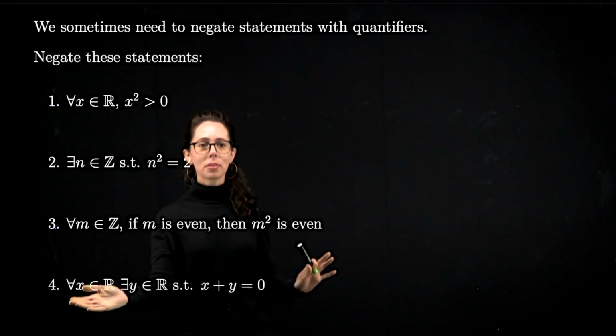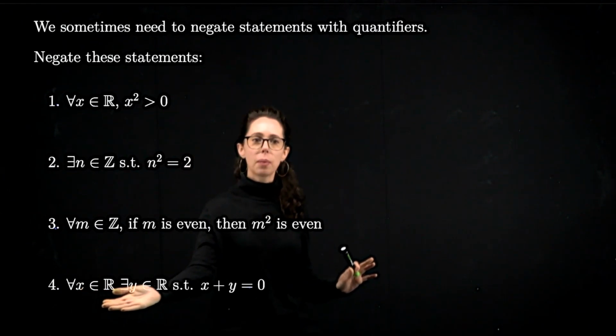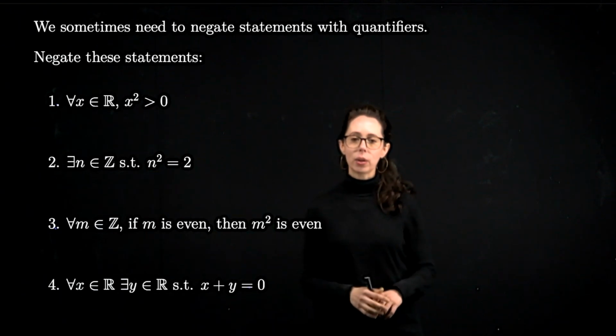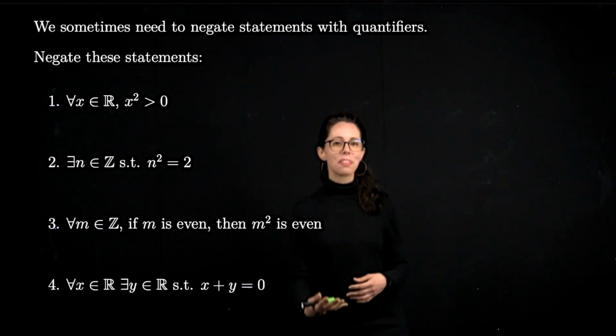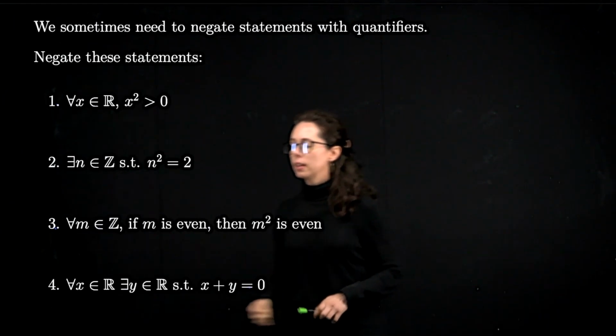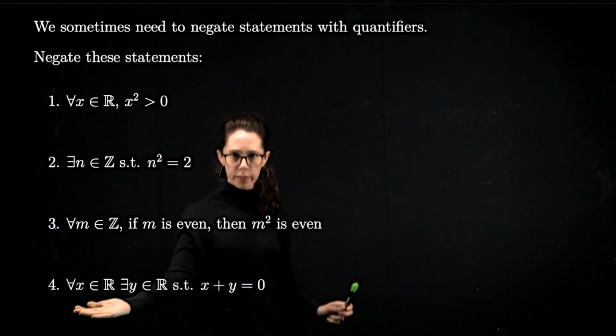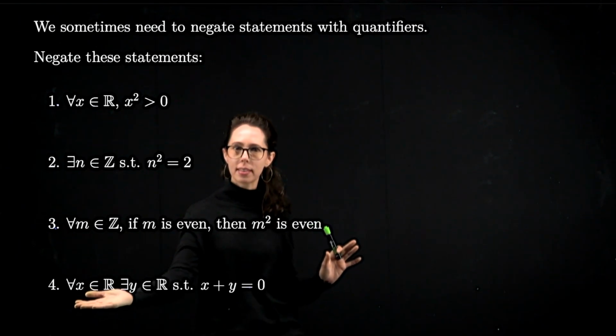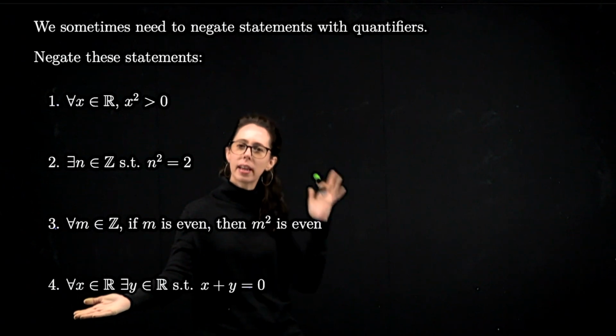Just translating the symbols out loud, it says, for all x in the set of real numbers, there exists a y in the set of real numbers such that x plus y equals 0. Okay, so I just said the symbols out loud. Logically, what this means is for any choice of real number x, at that moment, as soon as you've read this statement, for the rest of the statement, you imagine that x is fixed.